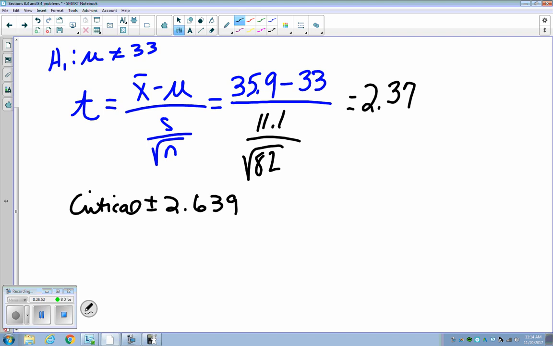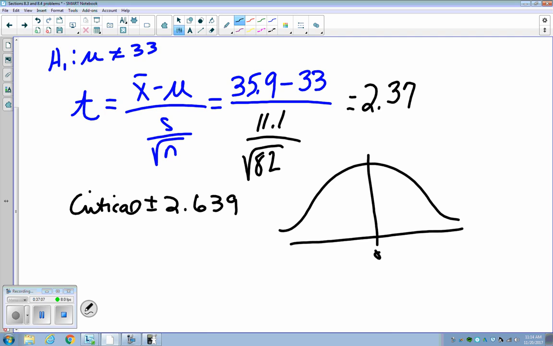So what am I going to do? Am I going to reject or fail to reject? If you're unsure, draw your quick sketch. There's 0. My critical values are positive and negative 2.639. Where is my t going to fall? 2.37.